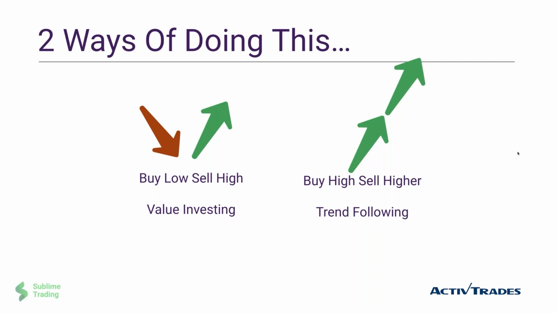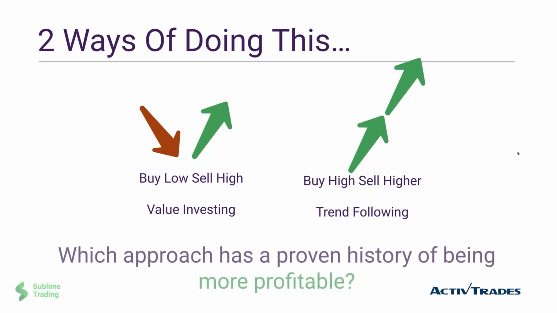So value investing is looking at stocks that are heading down, finding a level where you think it won't get any cheaper, and then start working its way back up again, buy low, sell high. Trend following is buying a stock that's already going up, finding an entry point, and then riding the journey up. So here's a question. Which approach has a proven history of being more profitable?